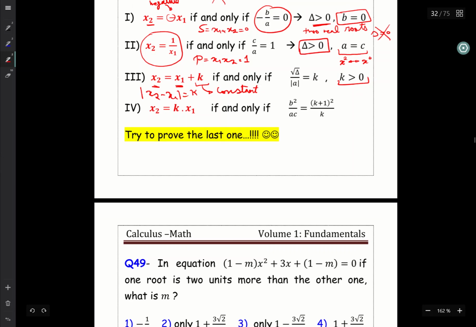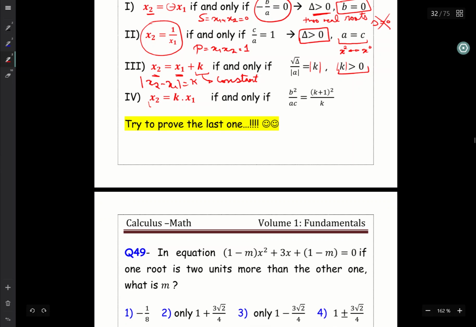Let's assume that it's positive. If not, then we know that this has to go into absolute value. If one root is some constant k times the first root, again k is constant, then b squared over ac is equal to k plus 1 squared over k.